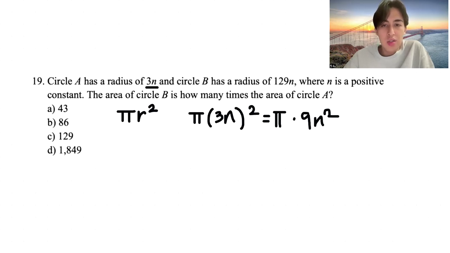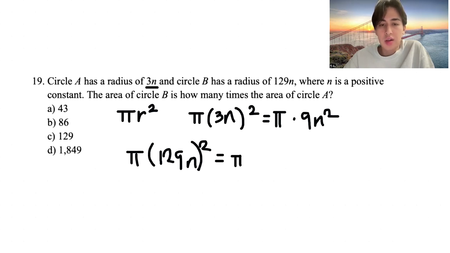Now let's go on to 129n, which is the radius of circle B. So pi times 129n squared. Now you want to solve for that by doing 129 squared in your calculator.